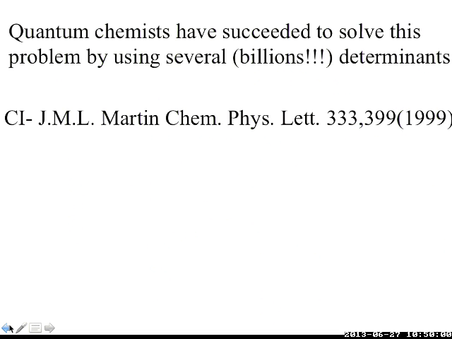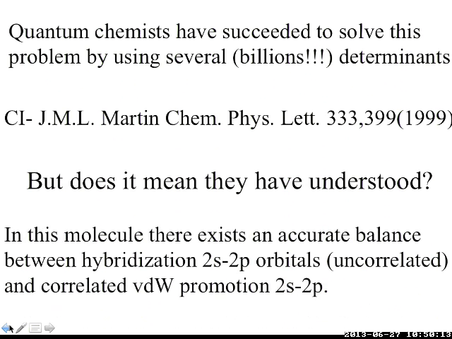So essentially, quantum chemistry has solved the problem: just use several determinants. Billions. CI and, I don't know, coupled cluster to 4 or whatever. DFT is still fighting with this. They don't have any clue on this beryllium.